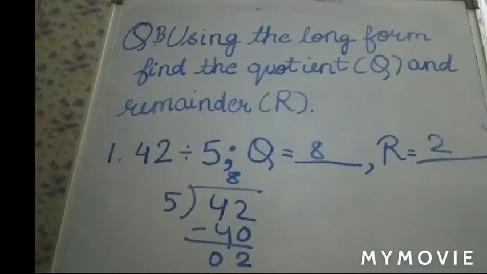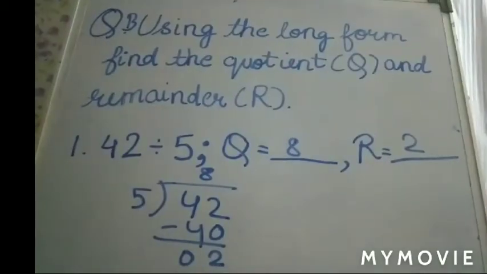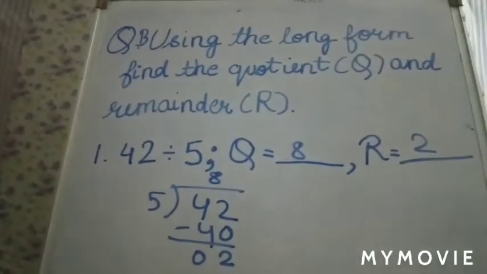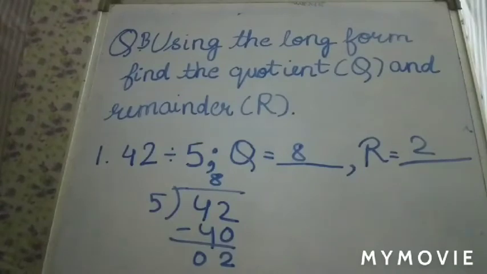Let's see question number B. Using the long form, find the quotient and remainder. You have to use the long division method to find the quotient and remainder. As you know, the quotient is represented by the letter Q and the remainder is represented by R. Okay, so you can see on the board that we are dividing 42 by 5.